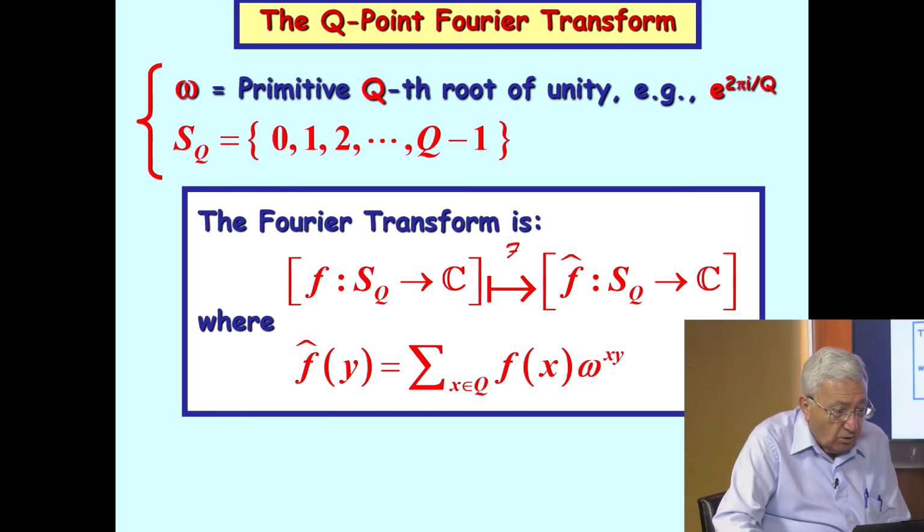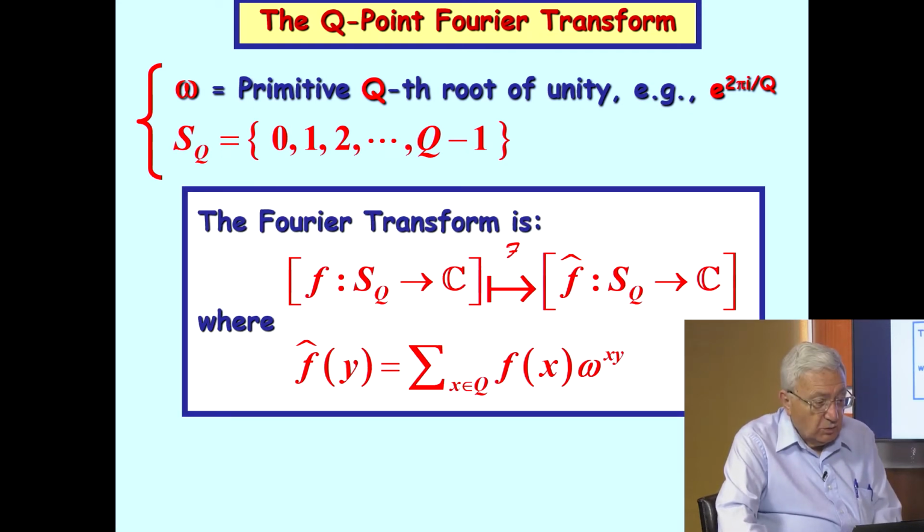The Fourier transform is a transformation which takes a function from our set S_q to the complex numbers into another function, the Fourier transform function, from S_q into C, and is simply defined by this expression.